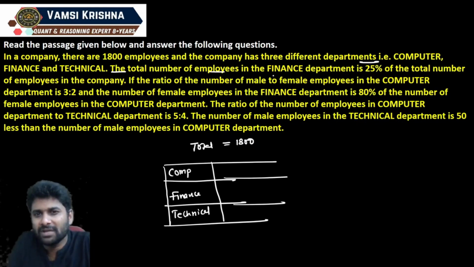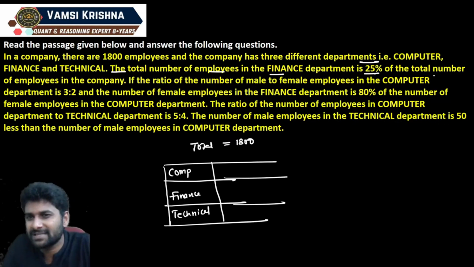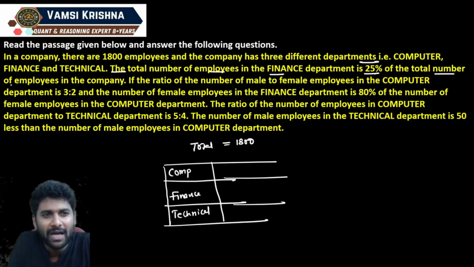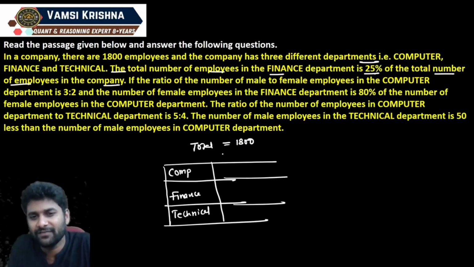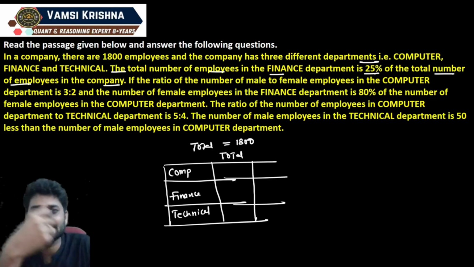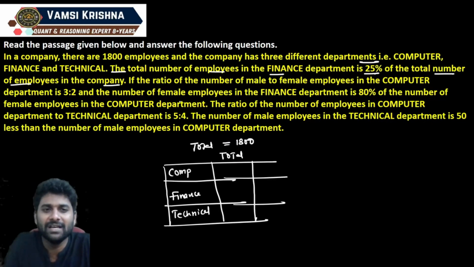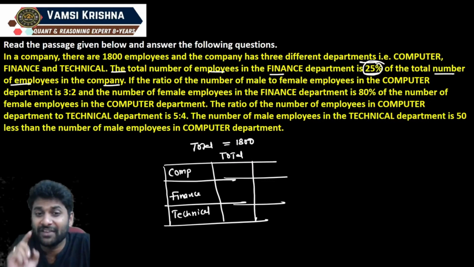The total number of employees in the finance department is 25% of the total number of employees in the company. Guys, first identify how many employees are there in each and every department. You already know the total number of employees in the company is exactly equal to 1800. So out of 1800, 25% of people are from the finance department.